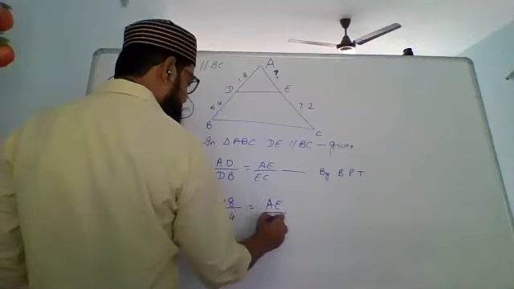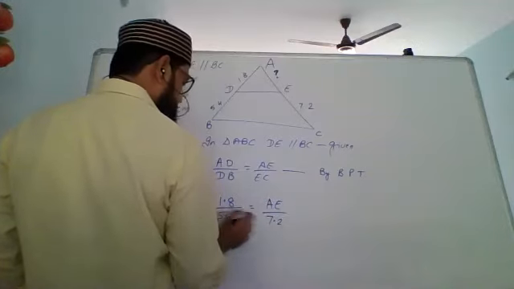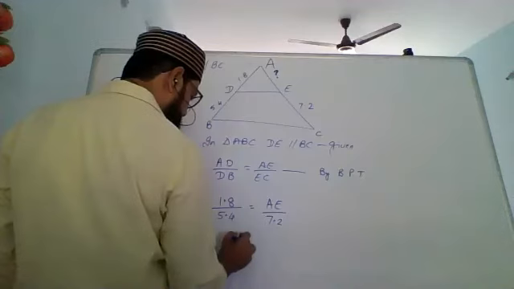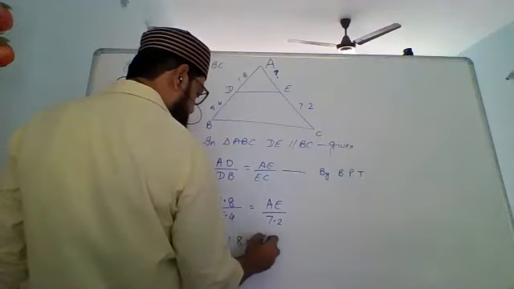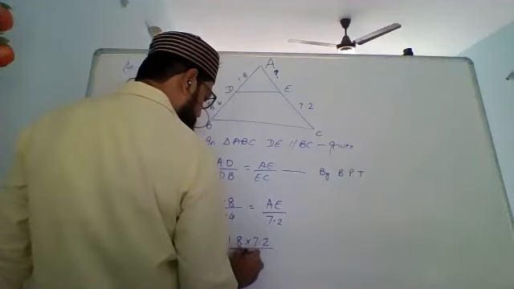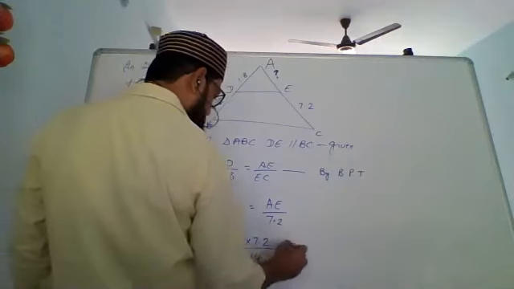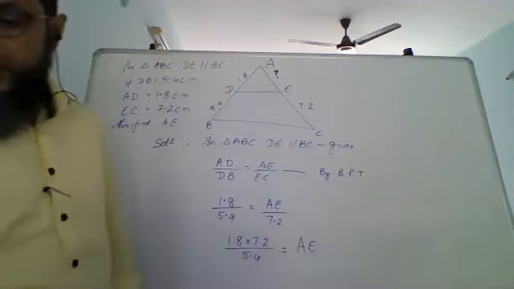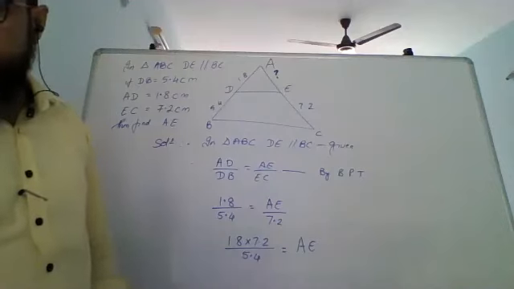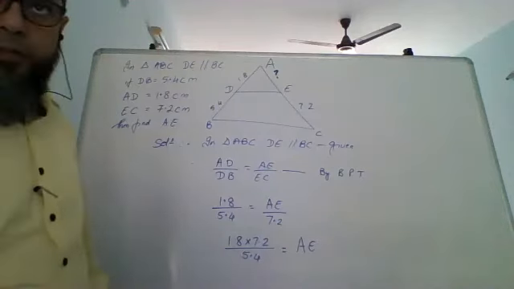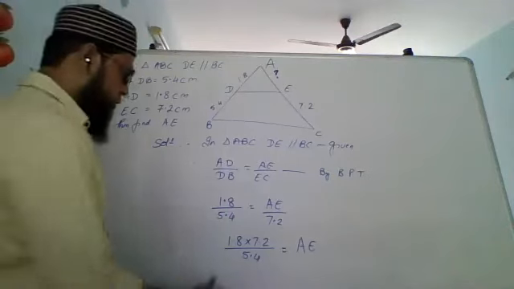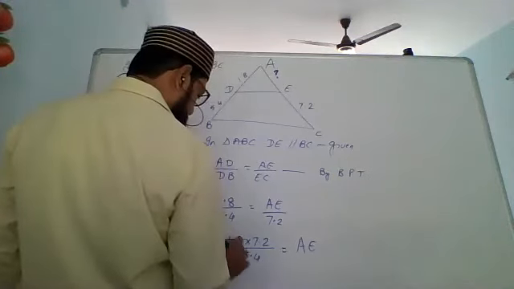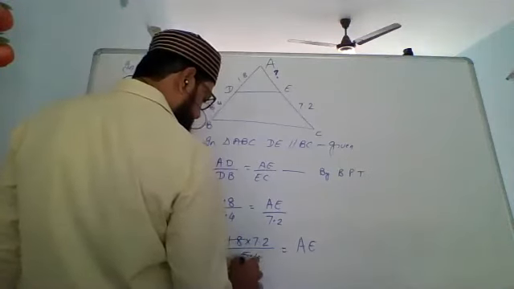EC is given 7.2. Shift everything on one side, so you will have 1.8 into 7.2 upon 5.4 equals AE. 18 ones are 18, 18 threes are 54. So 1.8 ones are 1.8, threes are.